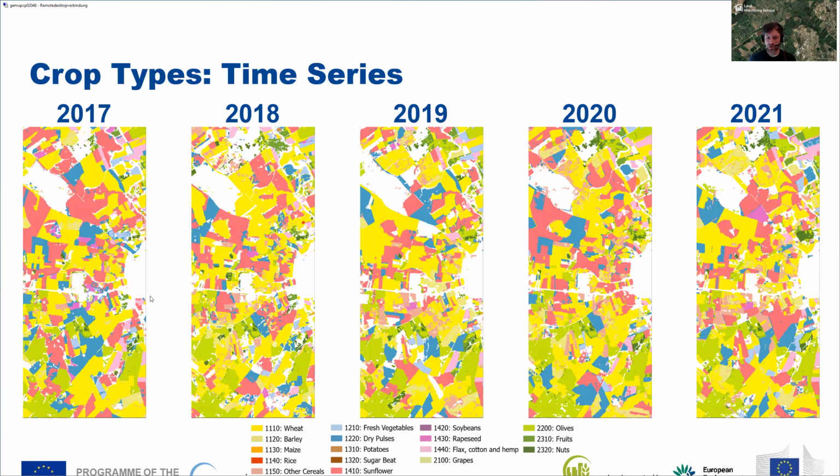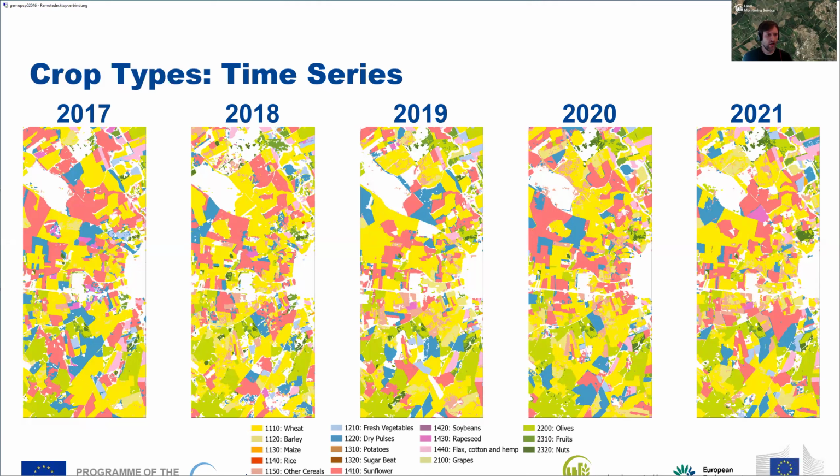The greenish tones, especially in this southwestern part, are related to permanent crops, and those permanent crops consist of olive groves, fruit trees, nut trees, and grapes. And in this specific area, it's mainly olive groves. The upper part shows annual crops, which consist of wheat, other cereals, dry pulses, and further classes.